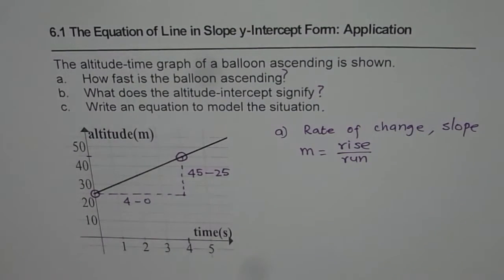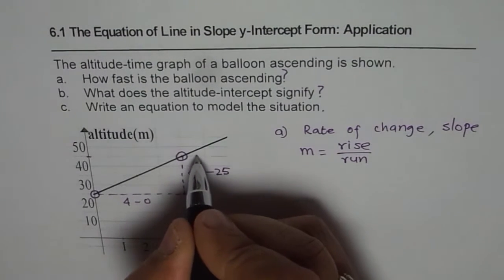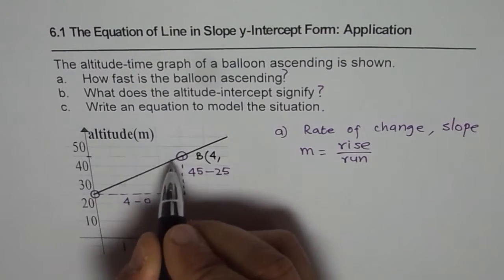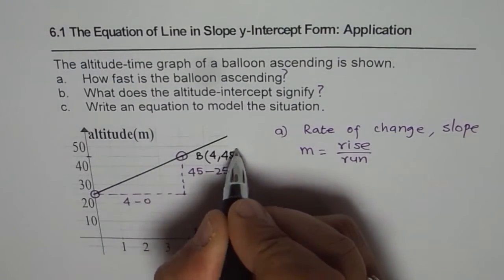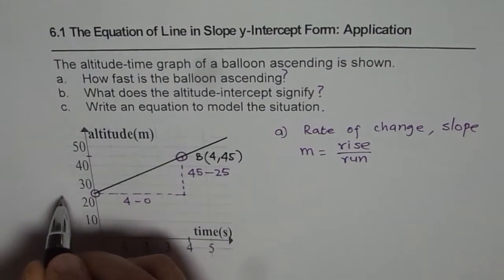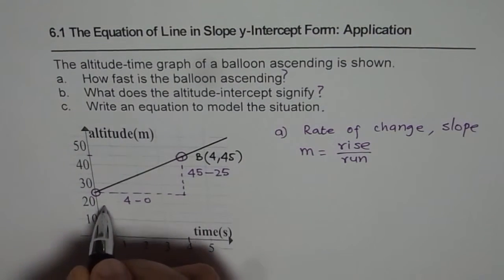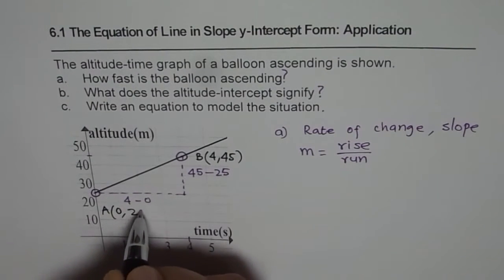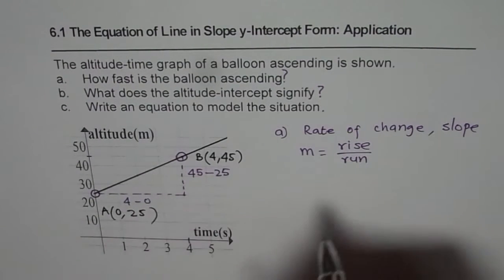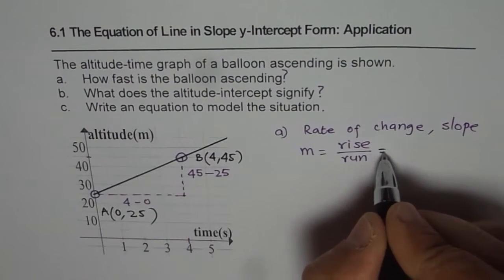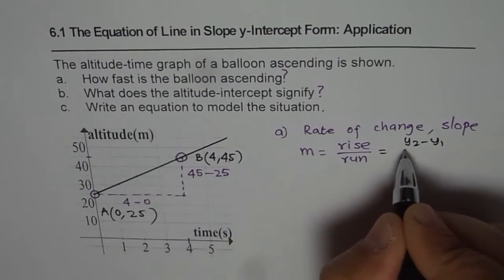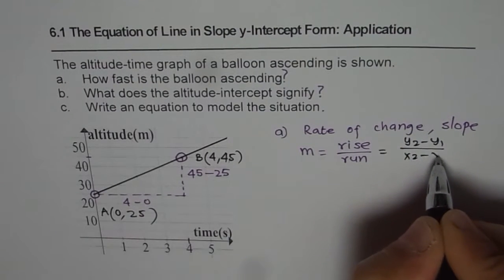The other way to look into it is like this. The coordinates for point B are 4 as x value and 45 as y value. Coordinates for point A are 0 for x and 25 for y. So we can write the slope as change in y over change in x, which is y2 minus y1 divided by x2 minus x1.